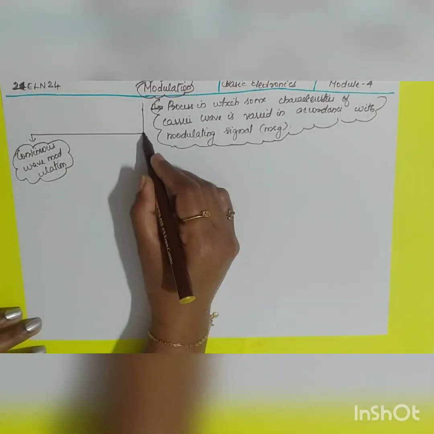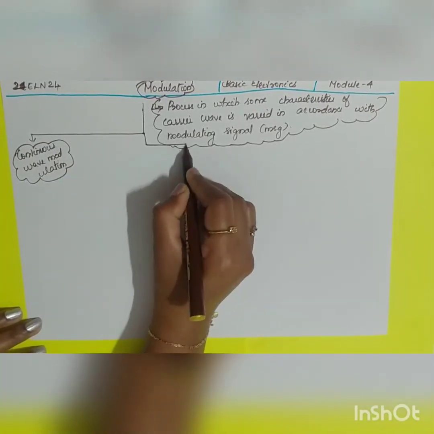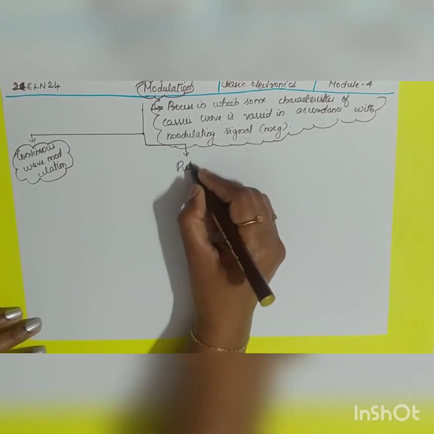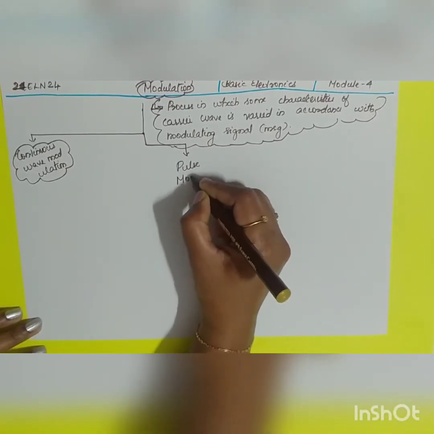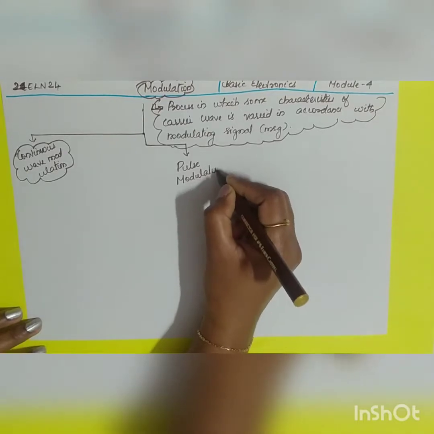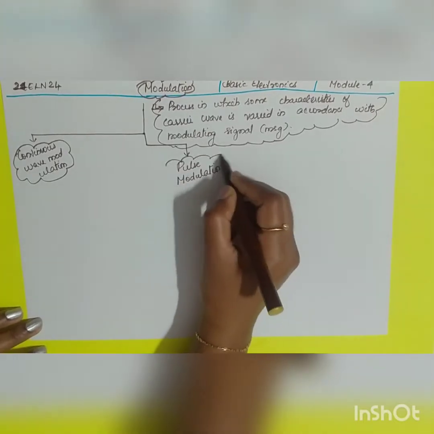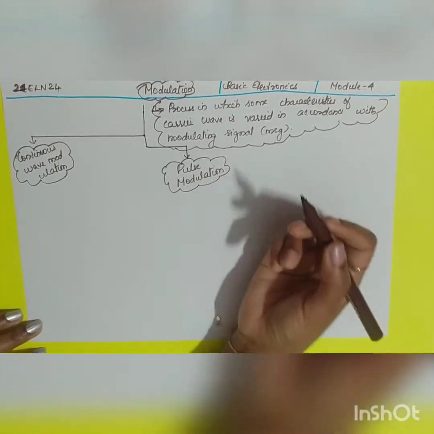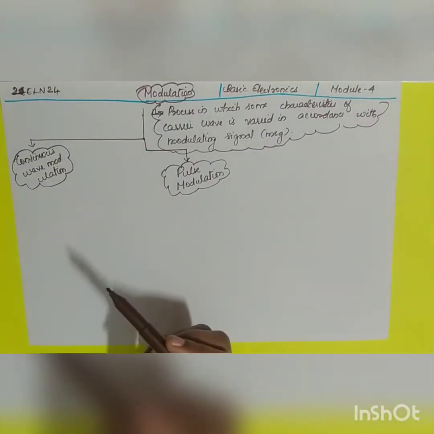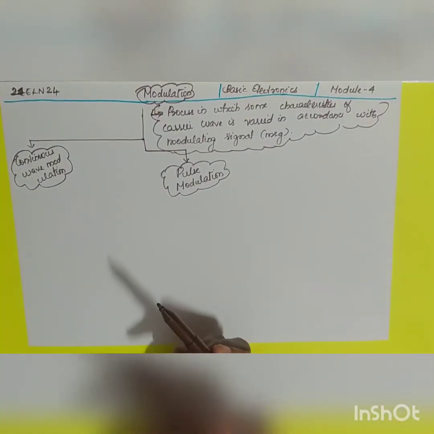And the second one is called as your pulse modulation. So this section consists of the overall idea of the continuous wave modulation and the pulse modulation.